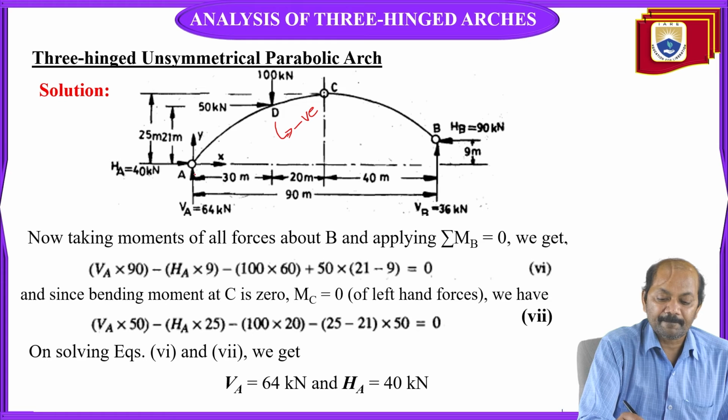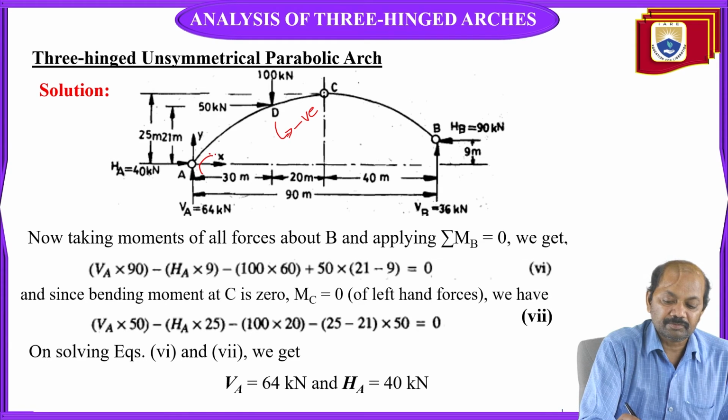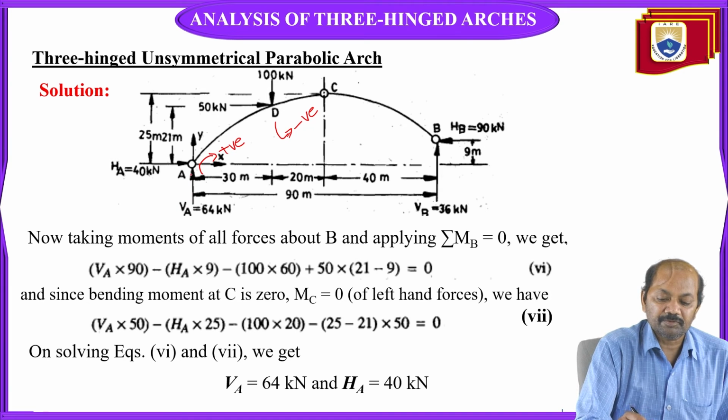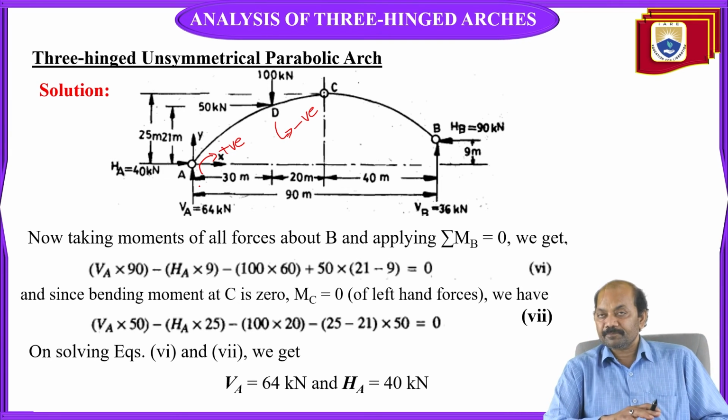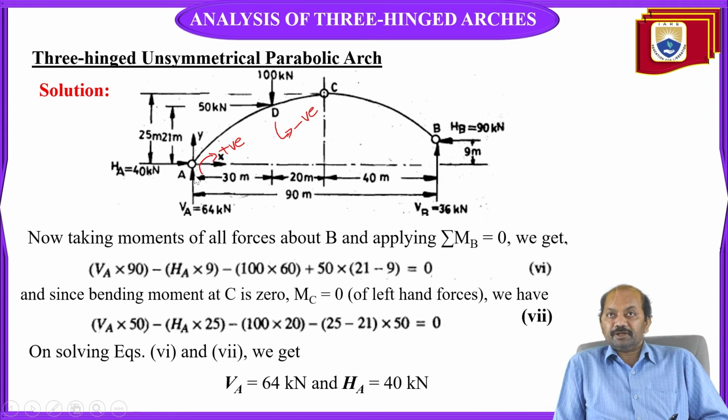Here VA into this distance is clockwise direction, so it is taken as positive. If clockwise becomes positive, anti-clockwise becomes negative. That is why we have taken minus values here.